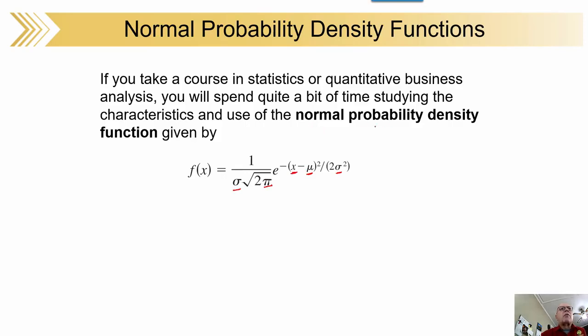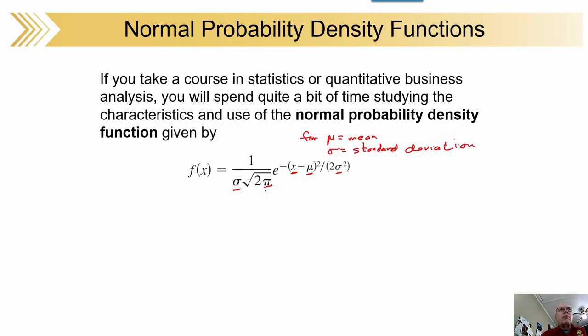This is the normal probability distribution function for some statistics that have a mean of mu and a standard deviation of sigma. A little bit off-putting.